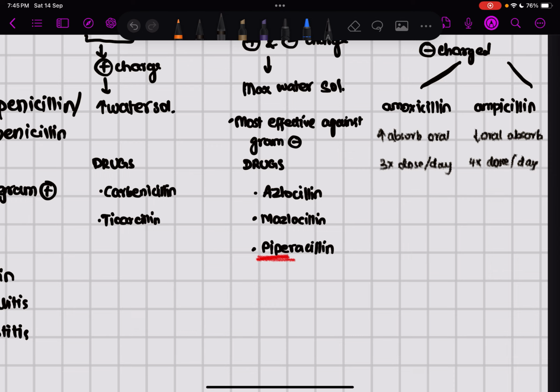Then this has increased oral absorption, so less diarrhea, because when the drug is not being absorbed properly, it remains in the lumen and destroys the normal colonic flora. Then it leads to diarrhea eventually when there is less flora.